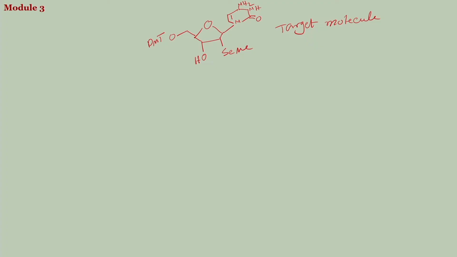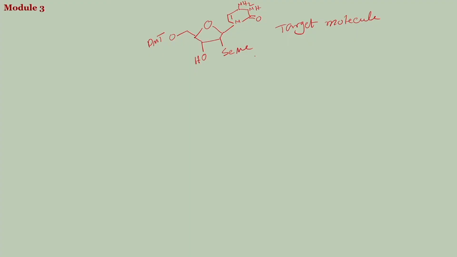If you synthesize the DNA out of this, it was seen that the presence of selenium increases the chance of getting good crystals. Usually the crystallization of DNA is very hard, and most of the times it fails. It's quite hard to get proper crystals of DNA if you want to study the structural pattern of a DNA. So, the introduction of a selenium moiety was seen to increase the tendency to form crystals. So, there you go, this is the target molecule.